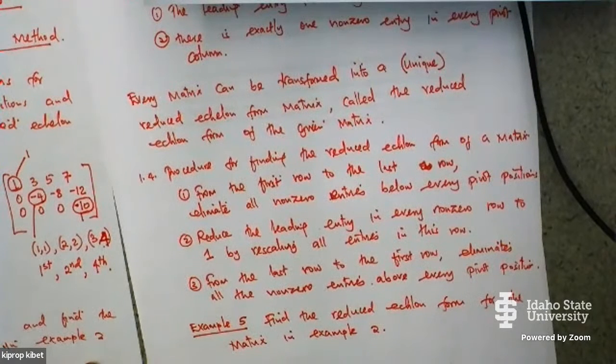So we have this matrix 1, 3, 5, 7, 3, 5, 7, 9, 5, 7, 9, and 1. We have already reduced this matrix to echelon form, to the form 1, 3, 5, 7, 0, 1, 2, 3, and 0, 0, 0, 1.